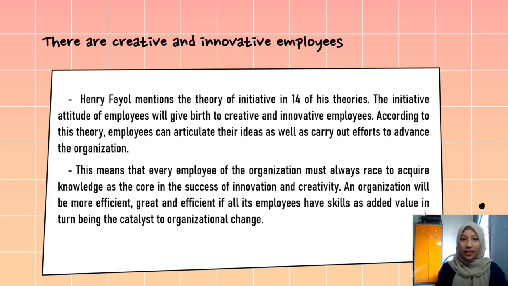This means that every employee of the organization must always race to acquire knowledge as the core in the success of innovation and creativity, as an organization will be more efficient and great if all its employees have skills as added value, in turn being the catalyst to organizational change.